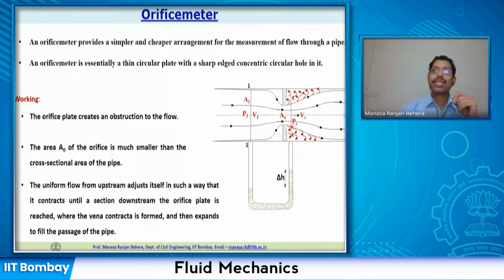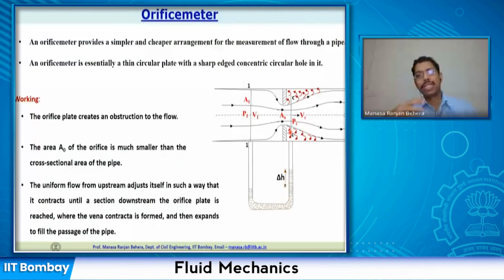That is called the vena contracta. At that location, if we measure, we will get the minimum pressure, and that gives us the maximum pressure difference between the pipe and the vena contracta. Beyond the vena contracta, the flow expands again and fills the passage of the pipe. Now, what is happening in this process?